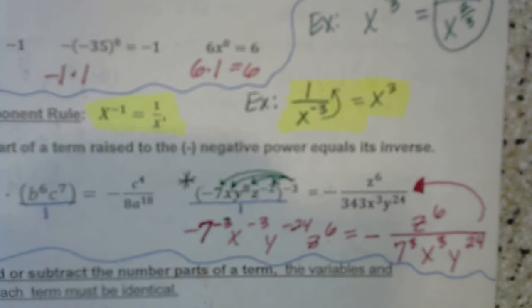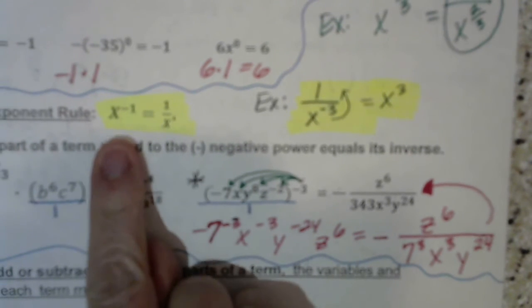So a negative exponent has to be changed. It's considered not simplified all the way if you have a negative exponent in a problem. In order to make that negative exponent positive, you have to move the base with it. Whatever the base is, you move the base and the exponent up or down to change that exponent into a positive number.